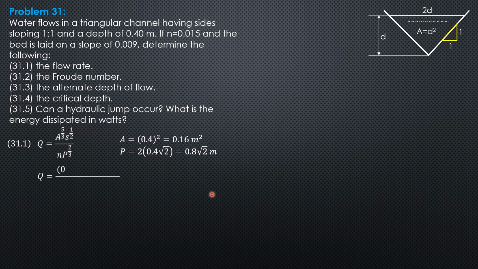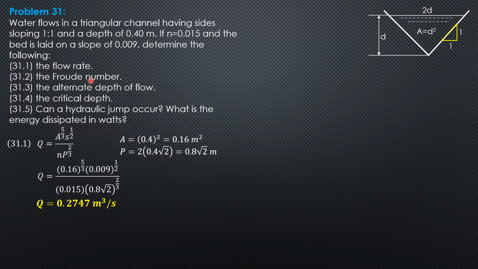So substitute: Q equals 0.16 to the 5/3 times 0.009 raised to 1/2 over 0.015 times the perimeter quantity 0.8 square root of 2 to the 2/3. So the discharge is 0.2747 cubic meter per second.